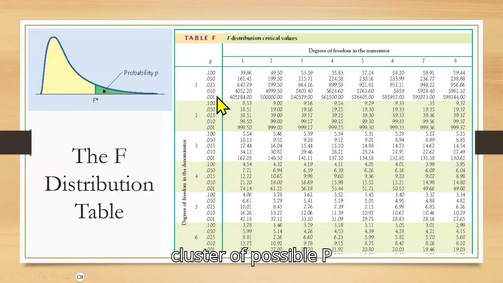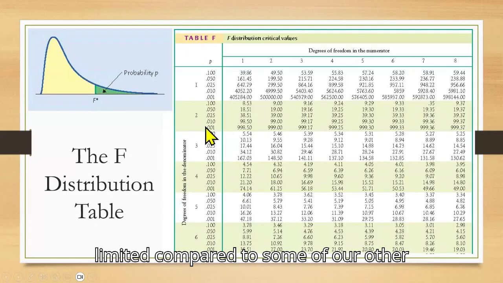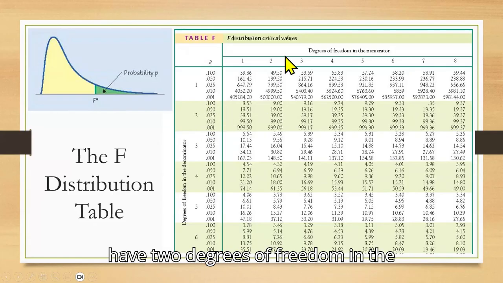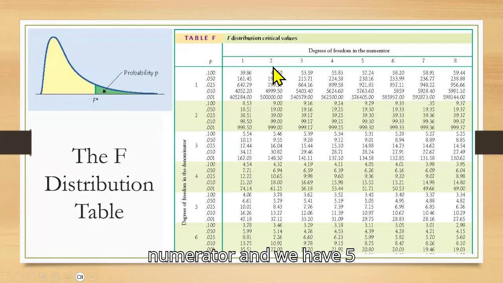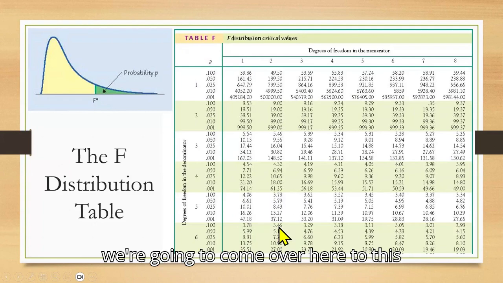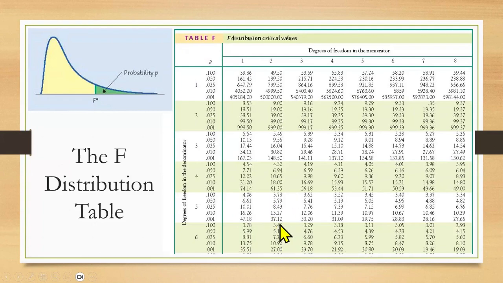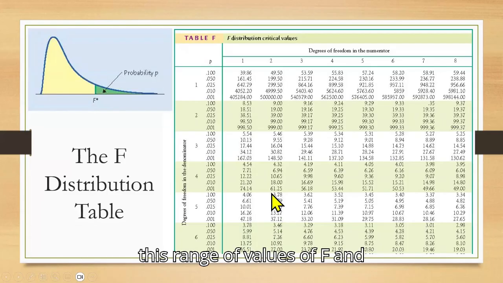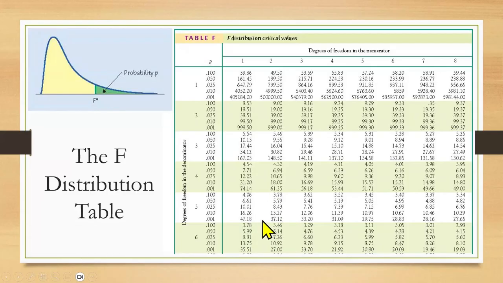Right, so we're going to have a cluster of possible p-values, only going from 0.001 to 0.1, so a little limited compared to some of our other tables. So if we have 2 degrees of freedom in the numerator, and we have 5 degrees of freedom in the denominator, we're going to come over here to this area on the table, and we see that we have this range of values of F.